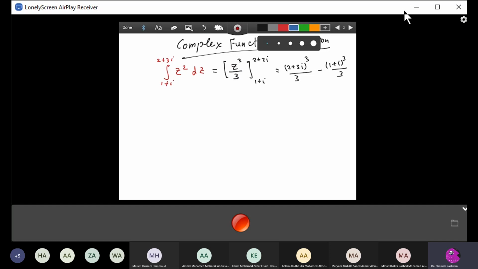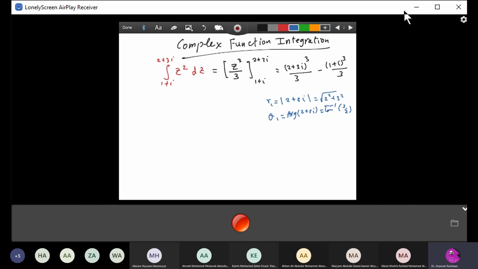No, you have to have the magnitude of 2 plus 3i. I call it R1, for example, and this is the square root of 2 squared plus 3 squared. And you have theta 1, the argument of 2 plus 3i, which is tan inverse of 3 over 2.